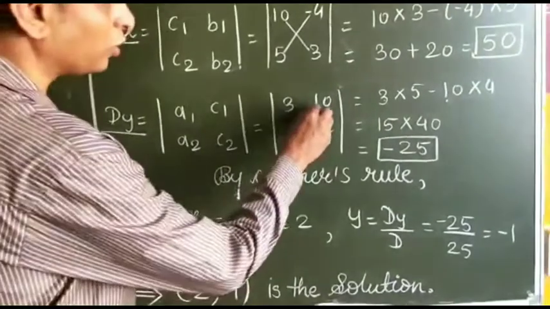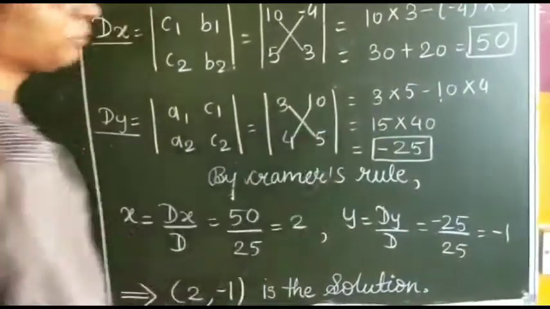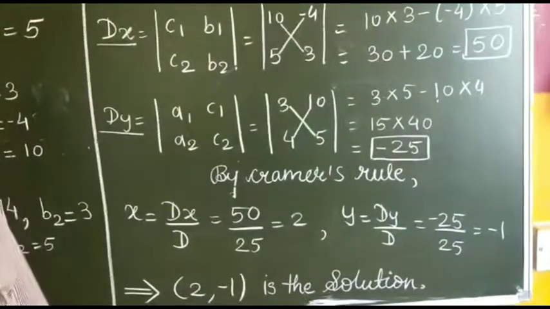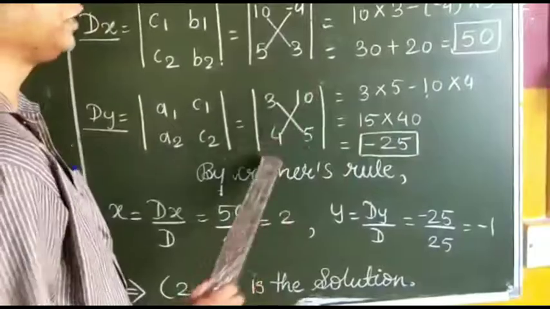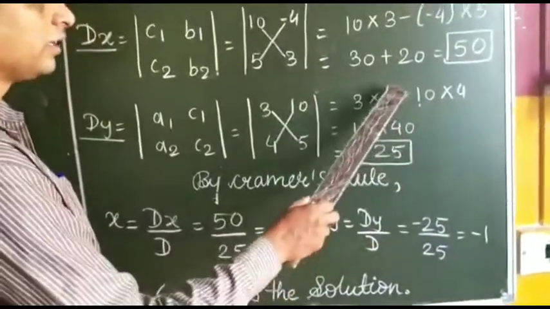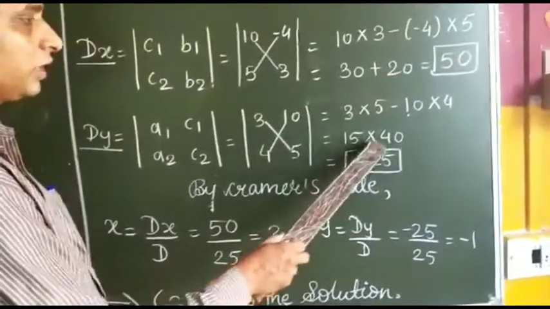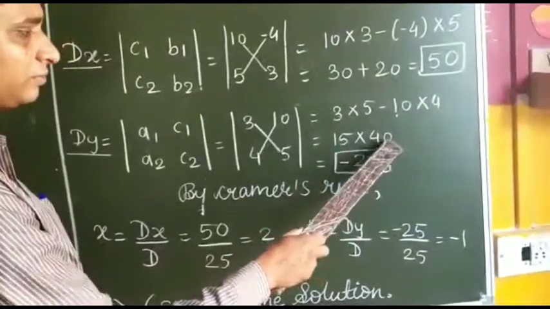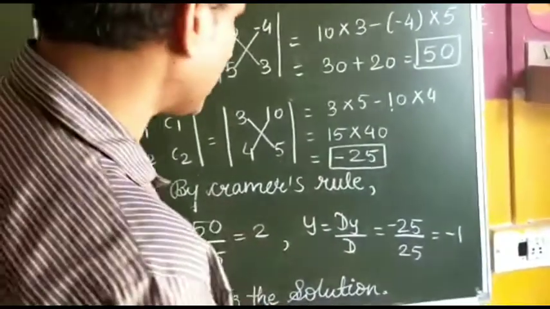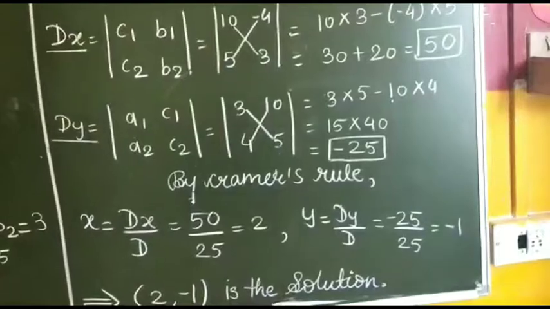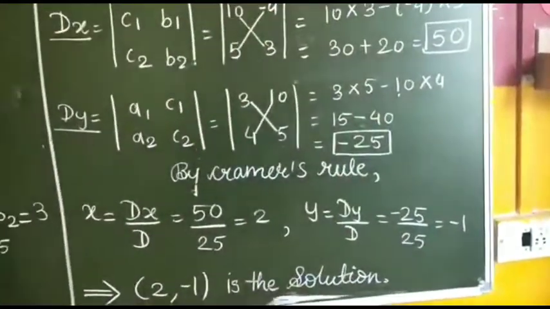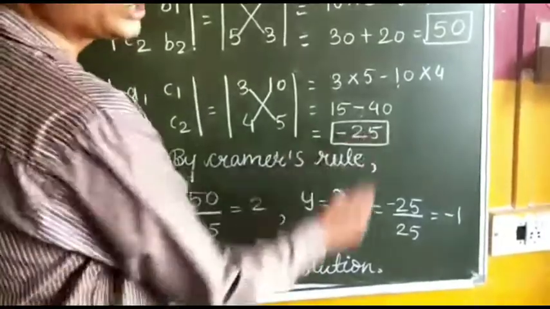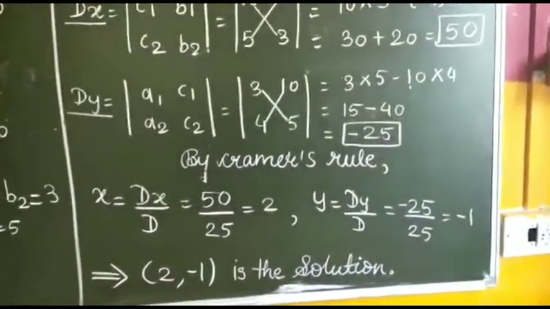Again, students, we solve this determinant using the formula: 3 into 5 minus 10 into 4. 5 threes are 15, 10 fours are 40. Here, students, the answer is 15 minus 40, which is minus 25, because we take the sign of the bigger number.